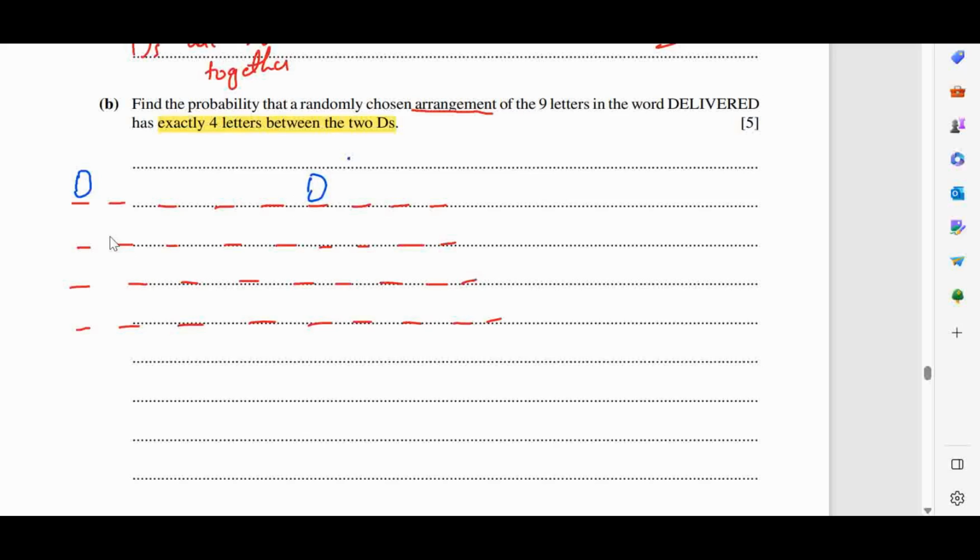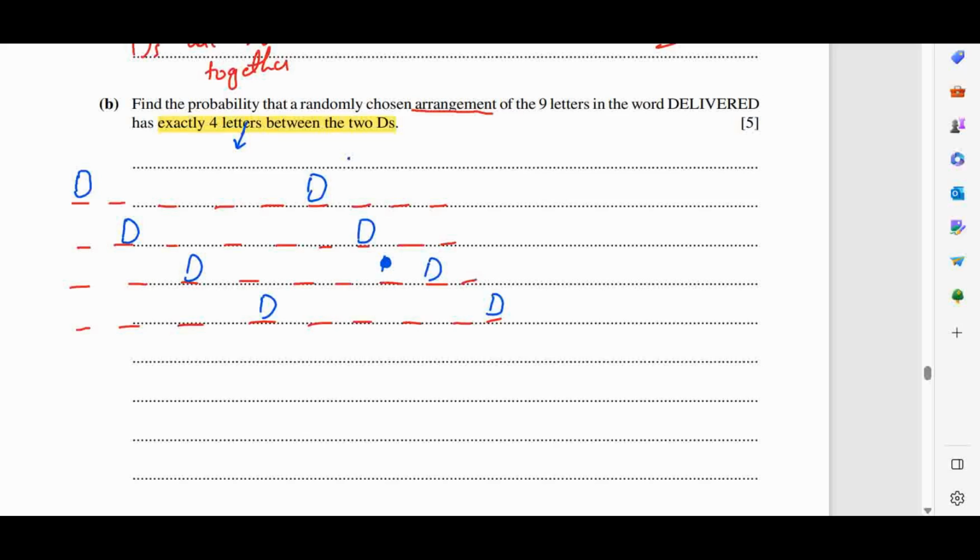Now if the D is at the second place, then 1, 2, 3, 4, the next D must be over here, so that we have exactly 4 letters between these two. Now if the D is here, 1, 2, 3, 4, the next D must be over here.